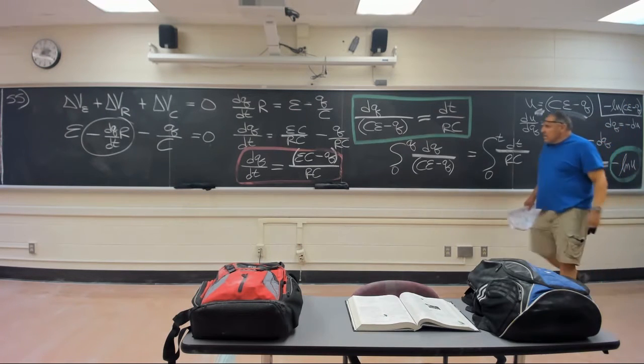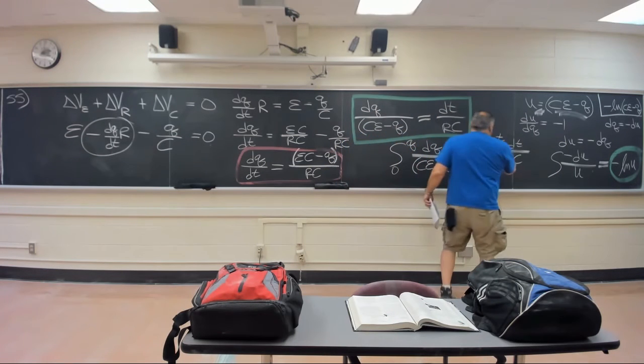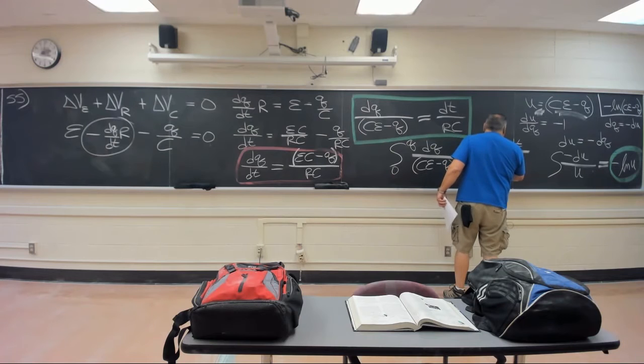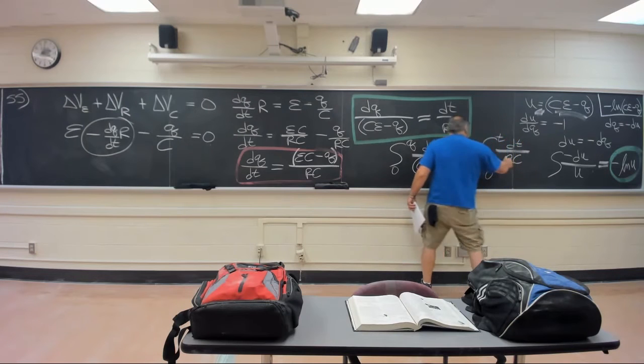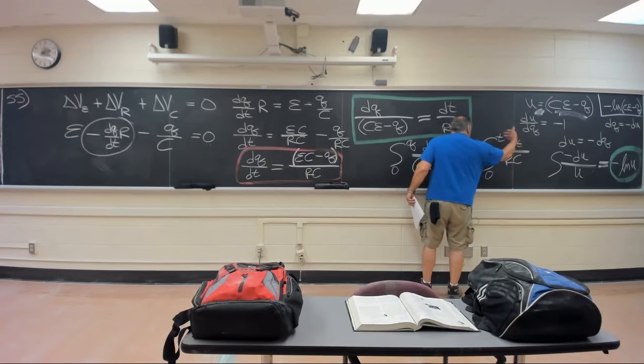Okay, so that's kind of what's going on, guys. This one right here is a constant on the bottom. It's 1 over RC. Well, the integral of 1 dt is just t, so it's t over RC.